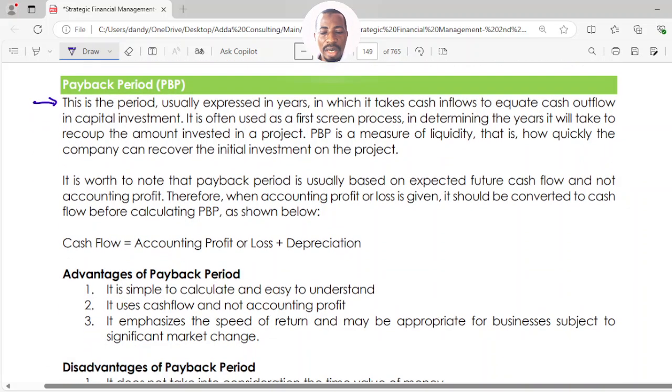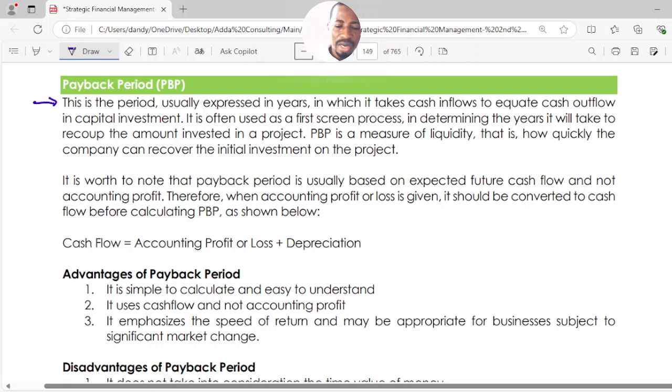Therefore, how do you convert accounting profit or loss to cash flow? The cash flow is simply the summation of accounting profit or loss and the depreciation.